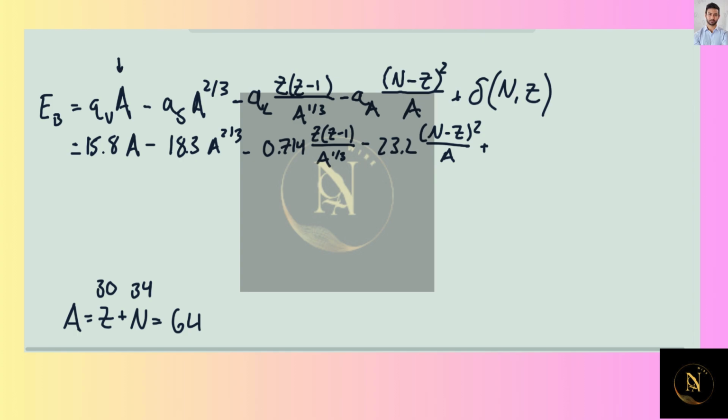So in the case that A is even and both Z and N are even, we're going to get a positive value out of our pairing term. Sorry, right? So we're going to get plus delta Kronecker 0.